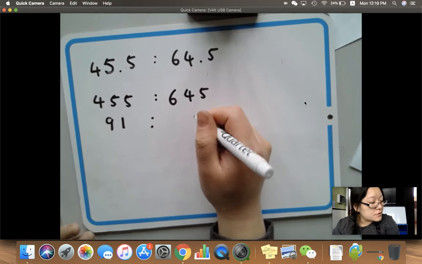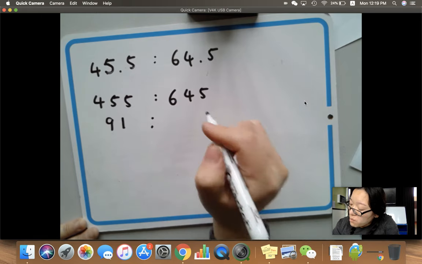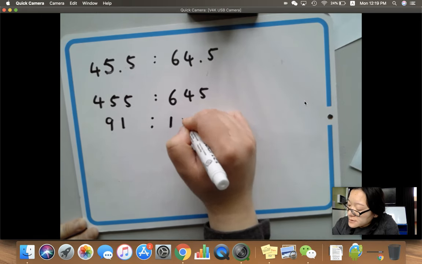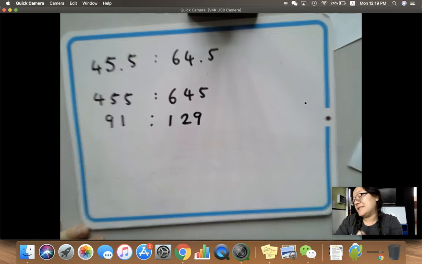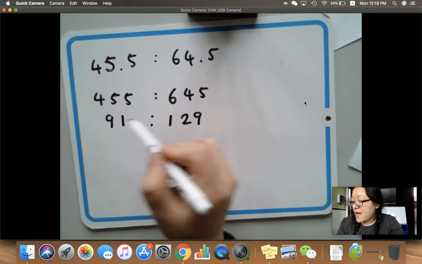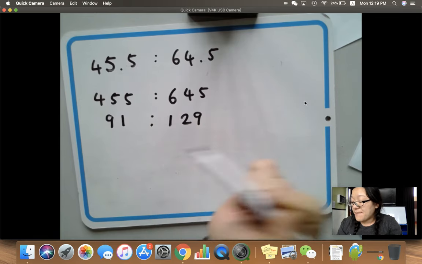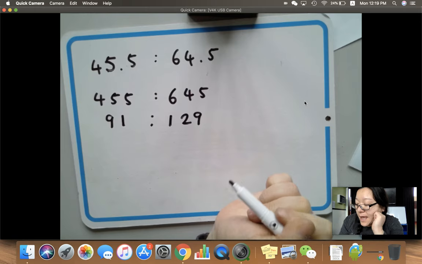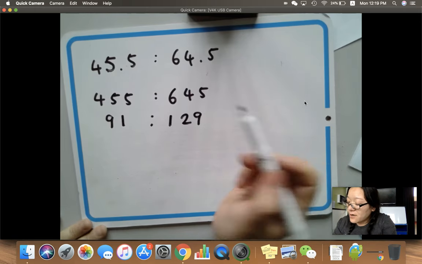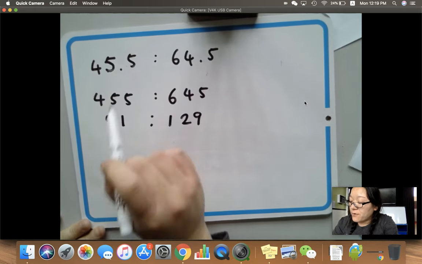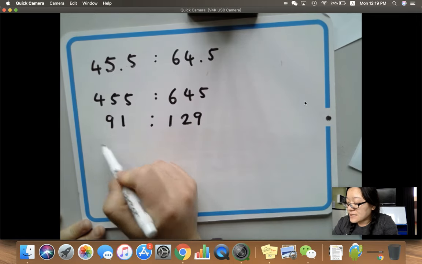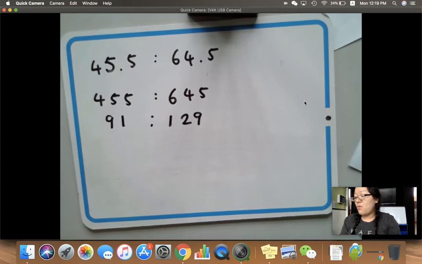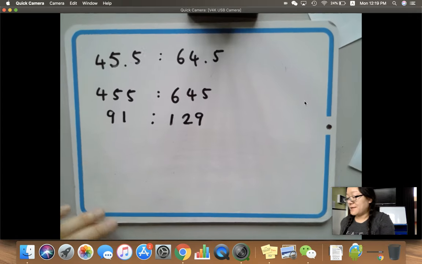And 600 divided by 5 is 120, so 129. 91 to 129 is the smallest that I can make these numbers. Is there a number that both of these can be divided by? I'm having a think and I can't think of anything. So that means the most simple form of 45.5 to 64.5 is 91 to 129.